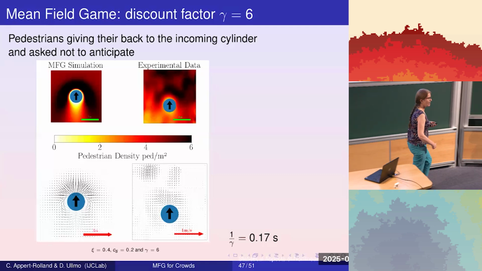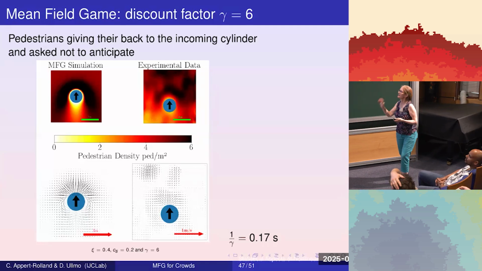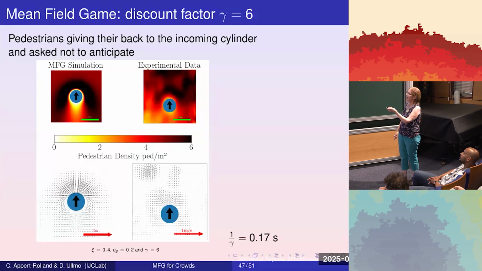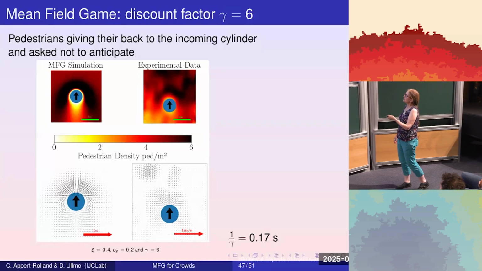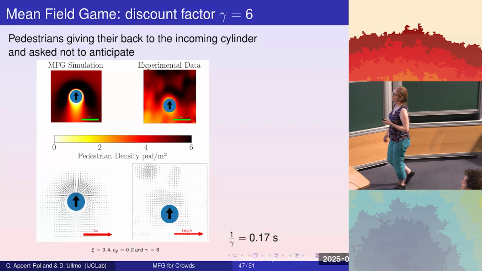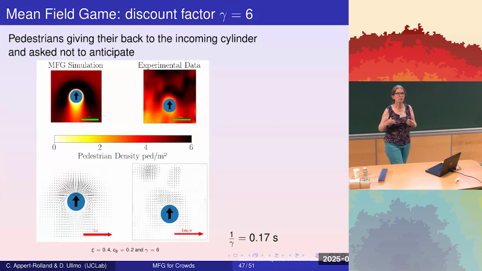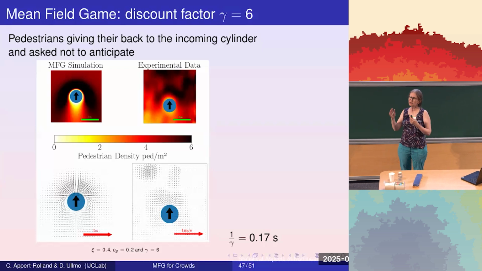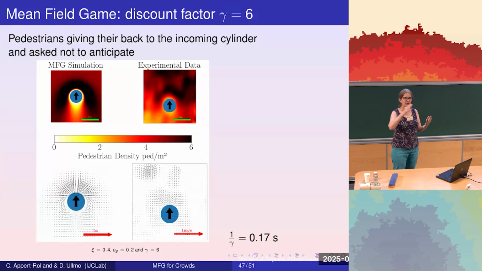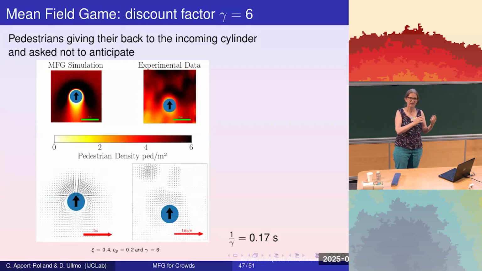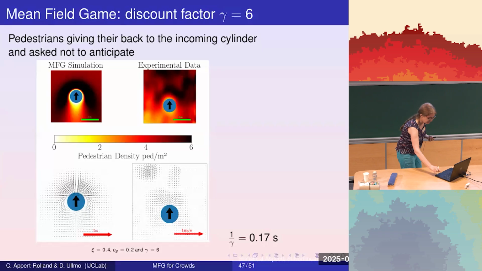And now if I suppress the anticipation in the experiment, I recover density on the top, and I can also have it in the model by choosing a larger gamma, meaning you anticipate very little, less than a second. And you also find in the model this butterfly shape. So it means that by just changing one parameter, you can have the whole span of behaviors between the crowd one and the granular one.